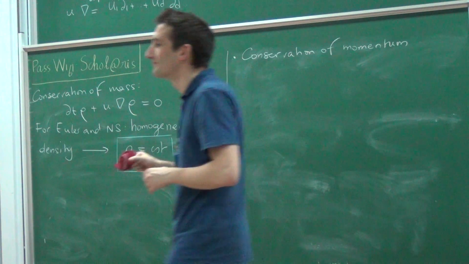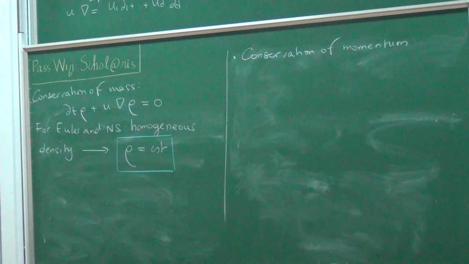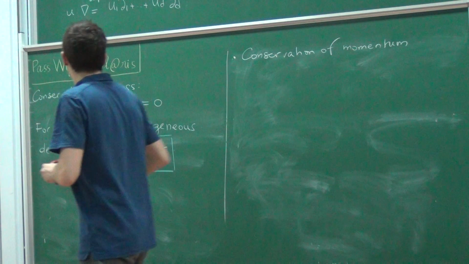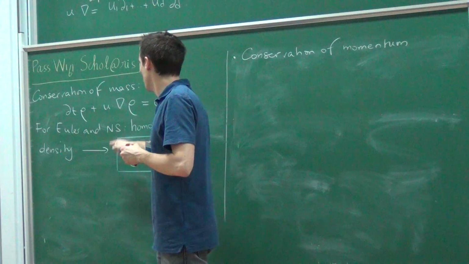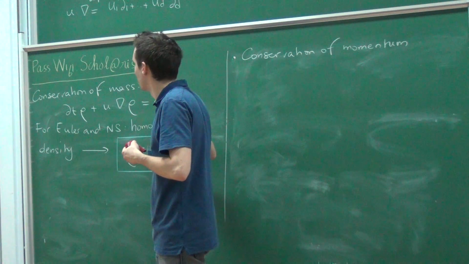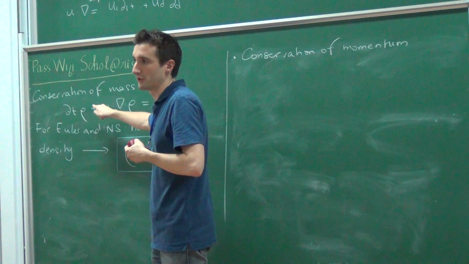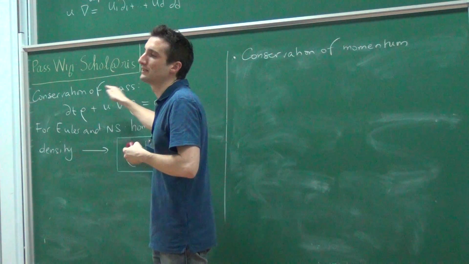Is there any model that studied without homogeneous density up to now? Because I think Lewis is studying something with different density. Yeah, so for classical Euler and Navier-Stokes, you must impose this simplifying assumption. But many people still keep this equation, or you have compressible models in which you need this equation.